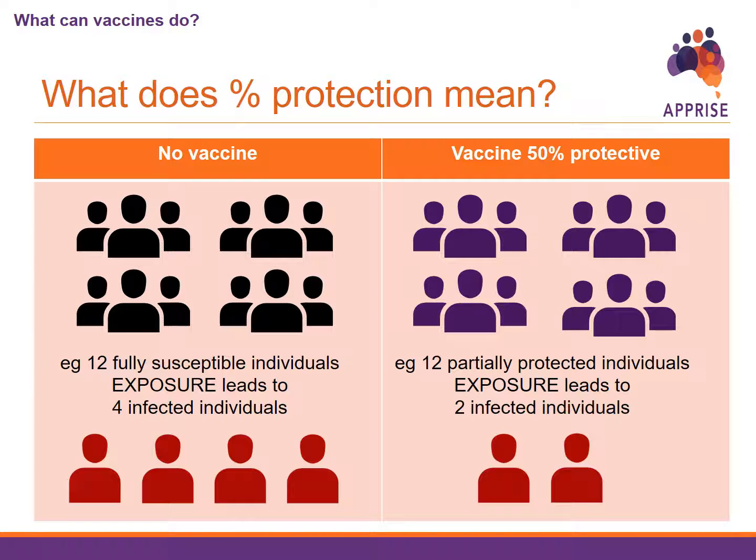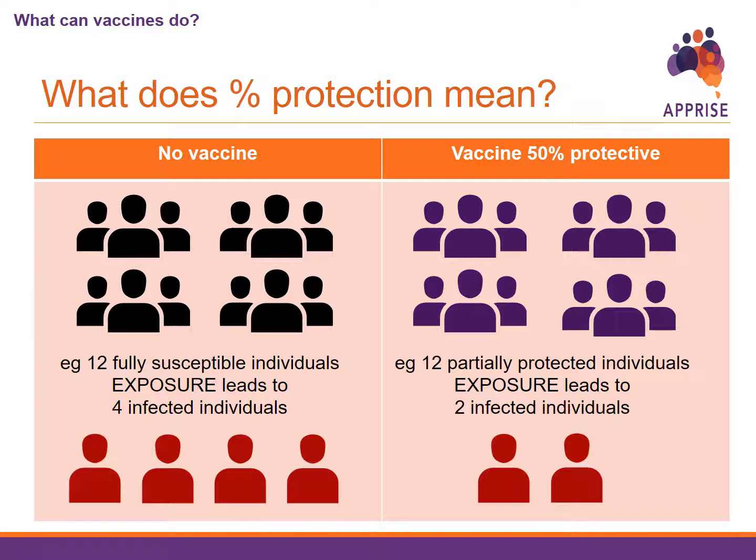On the left-hand side of the figure, we represent 12 individuals who have not received any vaccine and are not protected against disease. On the right-hand side, we have a group of people who've received a vaccine that is 50% protective. This means that each individual on exposure to flu has a 50% reduction in the risk of going on to develop an infection.